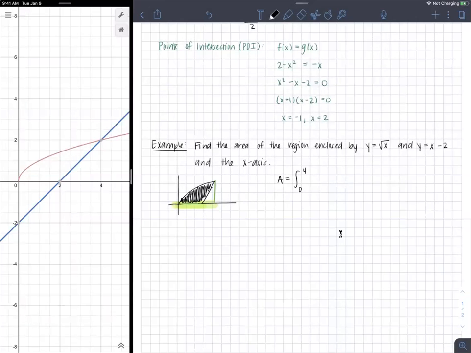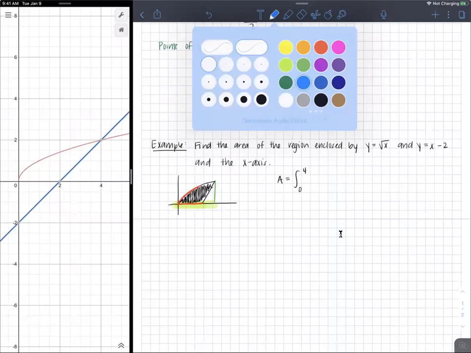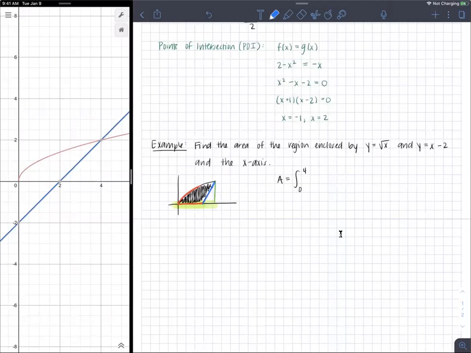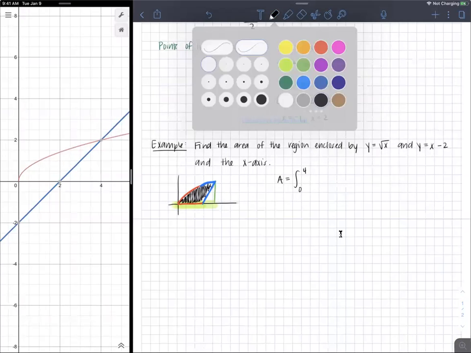And so if I'm just looking at the x-axis, then the top function on this interval is going to be the square root of x, right? And the bottom function is going to be the x-axis. But on this other interval from 2 to 4, my bottom function changes. And so what do you think I'm going to need to do to this integral from 0 to 4, right?